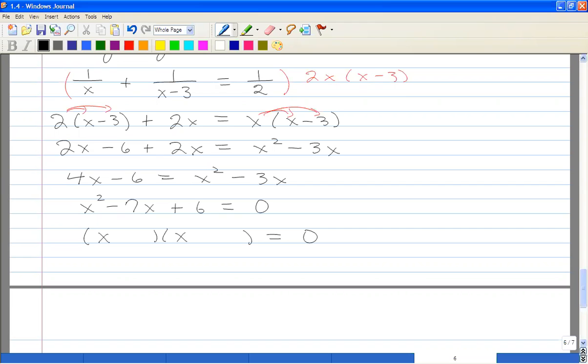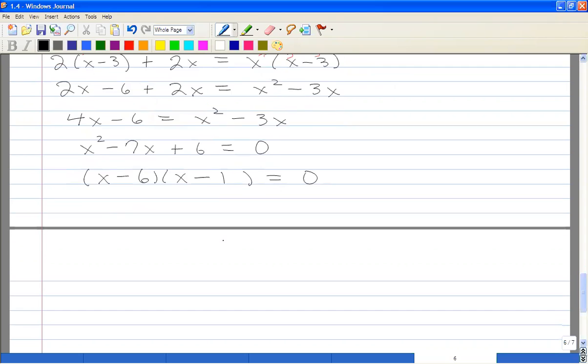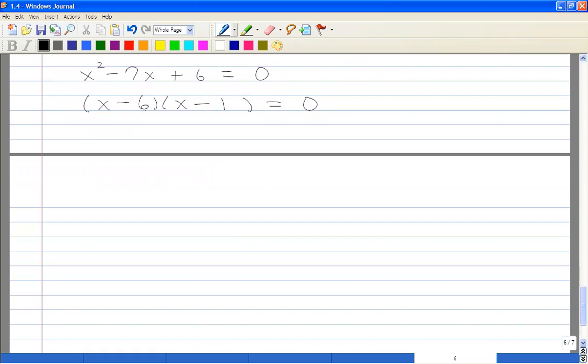Let's bring down the minus, times plus is minus. I want 2 whole numbers whose product is 6 and whose sum is 7. So 6 and 1. So by the zero factor property, I have that x minus 6 is 0 or x minus 1 is 0. Add 6 to both sides of your equation. So x is equal to 6. Add 1 to both sides of your equation. So x is equal to 1.